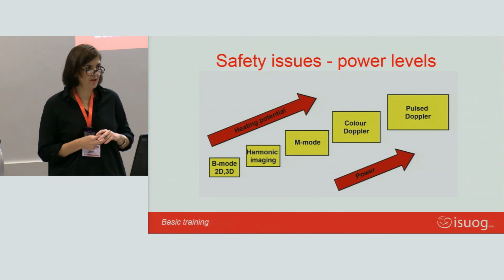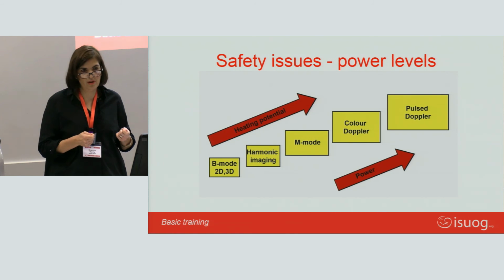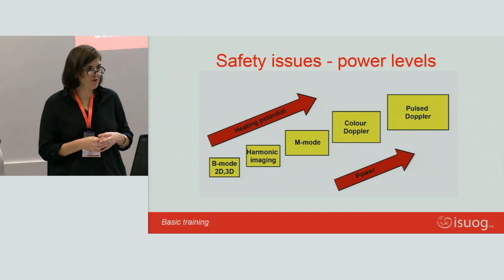I often see patients who come to me, they've had a scan in the first trimester, and they take out a picture, and somebody's actually measured the heart rate with Doppler at 8 weeks. Please do not use Doppler to calculate the fetal heart rate or to show the parents that the baby's heart is beating under 10 weeks.